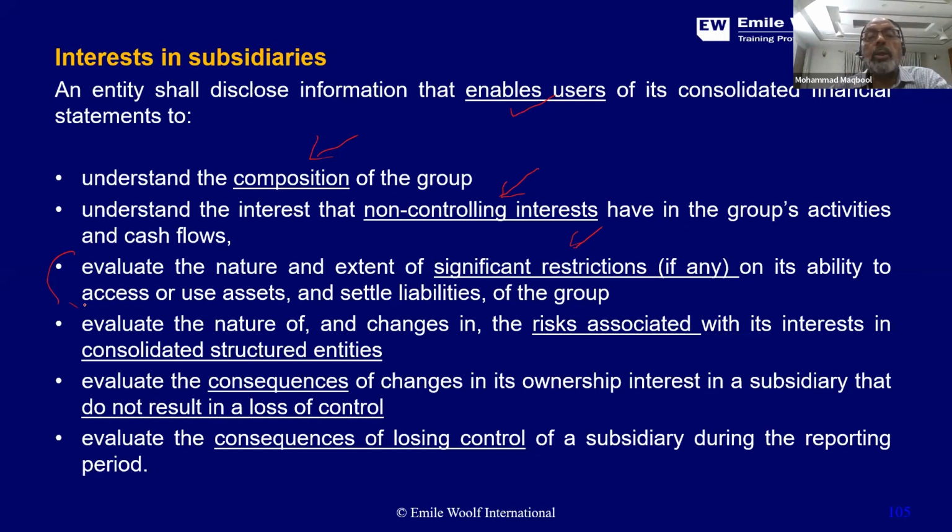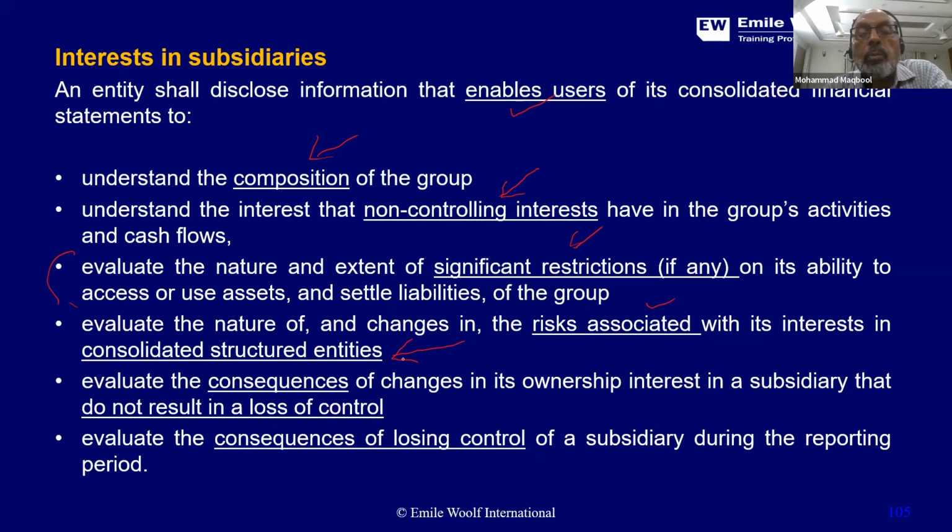Evaluate the nature and changes in the risk associated with the interest in the consolidated structured entities. This is the word: structured, consolidated structured entity. Structured entity I just defined, BG and the scientists. But I said BG will consolidate. So they're telling BG to evaluate the nature and change in the risk associated with the interest in the consolidated structured entity.